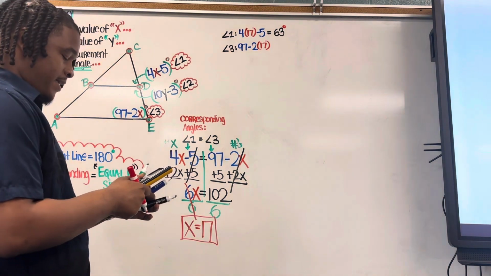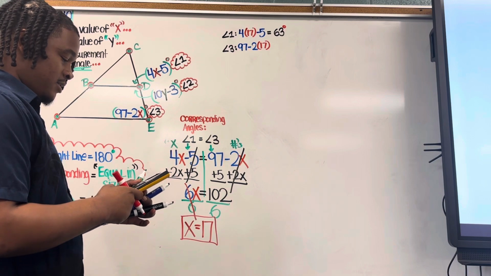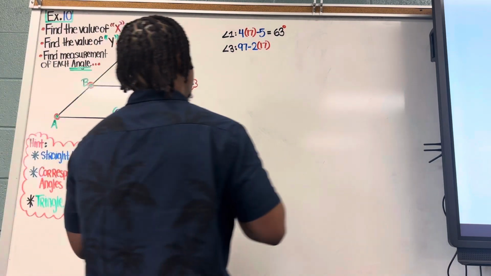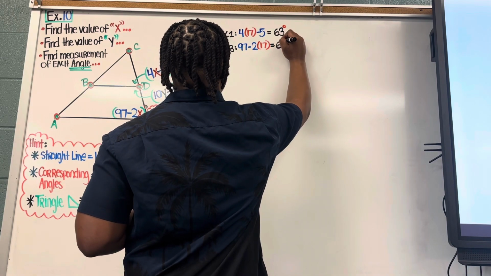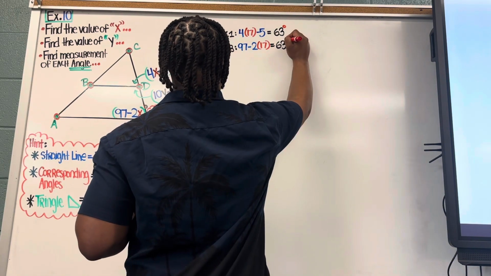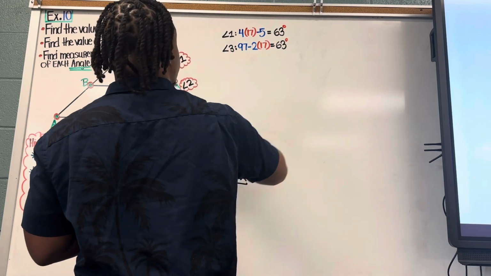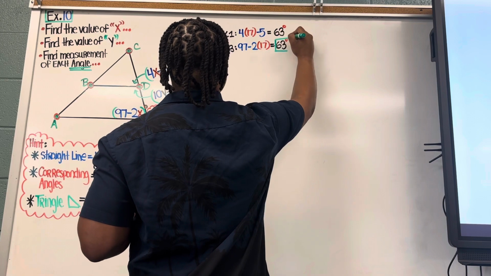So I'm going to have 97 minus 2 times 17, and that also equals 63 degrees. That proves these two angles are corresponding angles, meaning that they sit in the same position and they both equal in size.